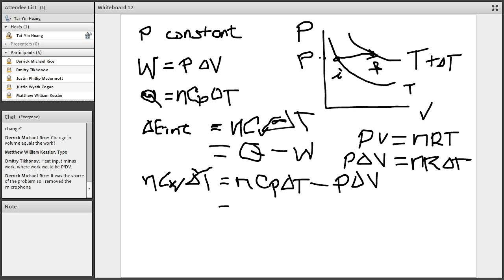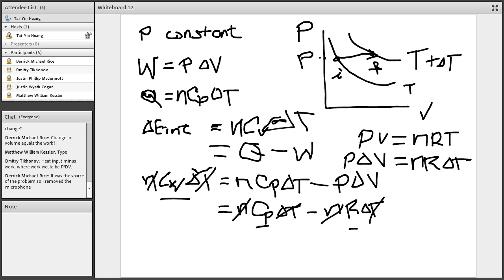On the right hand side, you have nCp delta T minus P delta V, that's nR delta T. So delta T cancels, n cancels. What's left is that your Cv is equal to your Cp minus R, the gas constant.